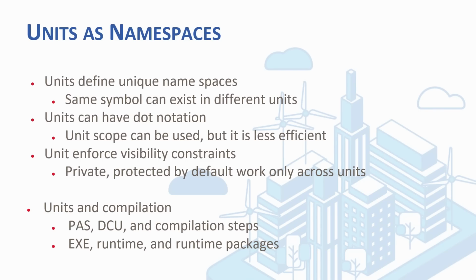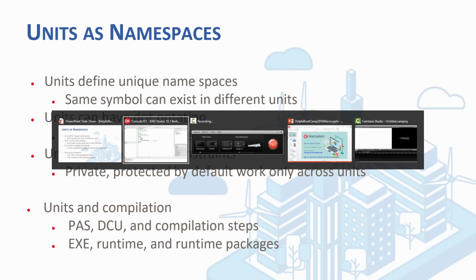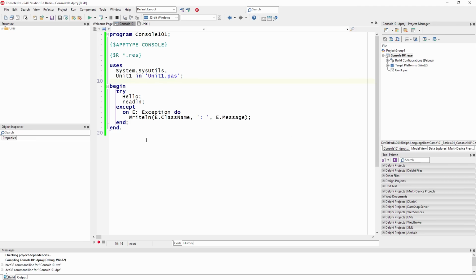Units define unique namespaces, so the same symbol, the same hello procedure, could exist in two different units. It's generally a very bad idea, but technically it does work. So you can actually prefix the symbol with the name of the unit it comes from, like this. Again, not really needed and not a standard coding style, but it's technically possible.